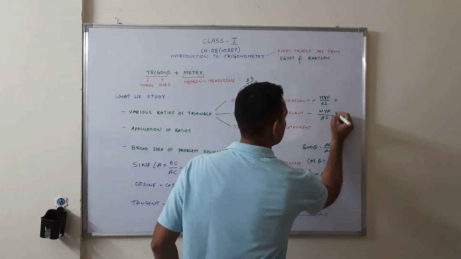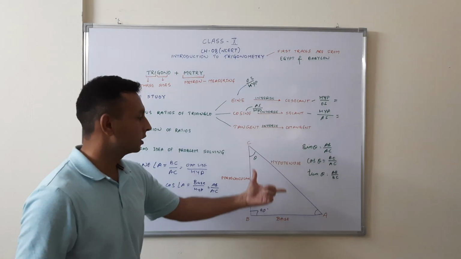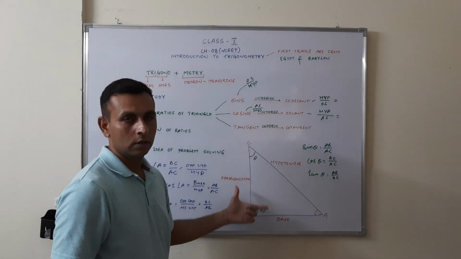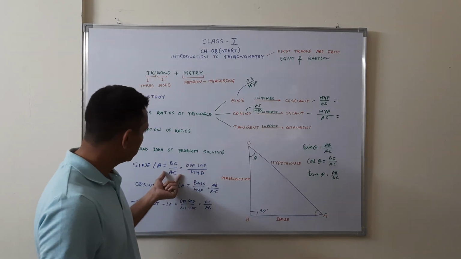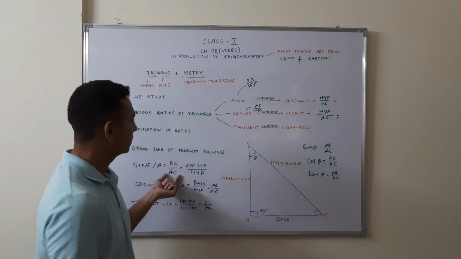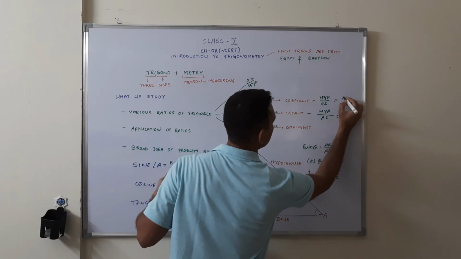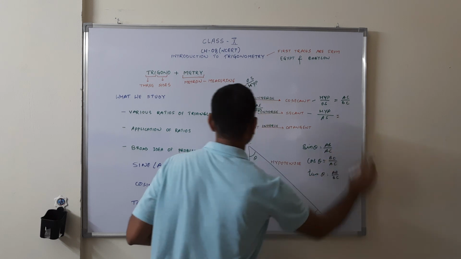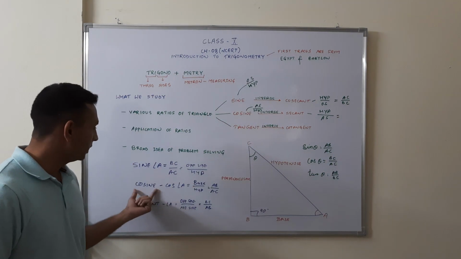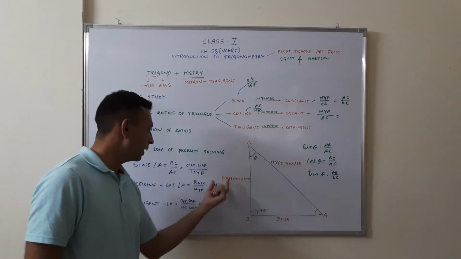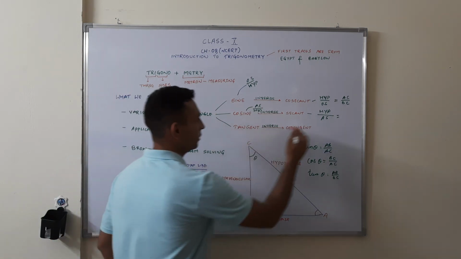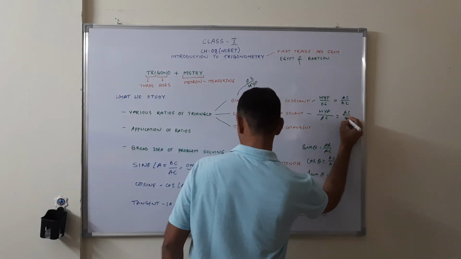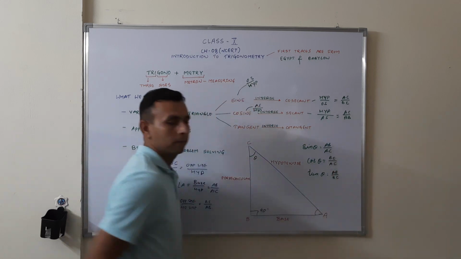When I write down in terms of this triangle, here sine was BC upon AC, then cosecant will be AC upon BC. Here for cosine it was AB upon AC, so here it will be AC upon AB.